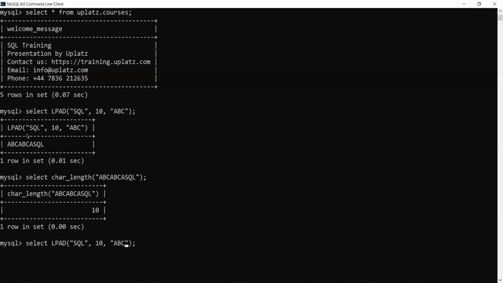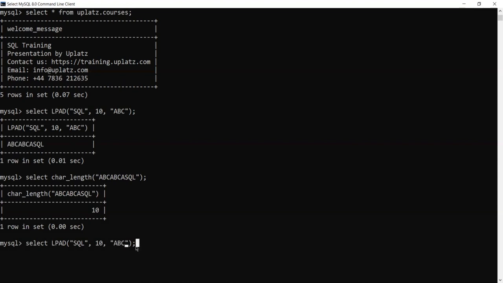Here, ABC was appended once, ABC was appended the second time, and the third time, since we have to complete only 10 characters and I already have SQL with me, that is 3-letter words, I have to add 7 characters before my string so that my total length comes to 10. That is why only A got added the third time and not B and C. So that is what the LPAD function does.